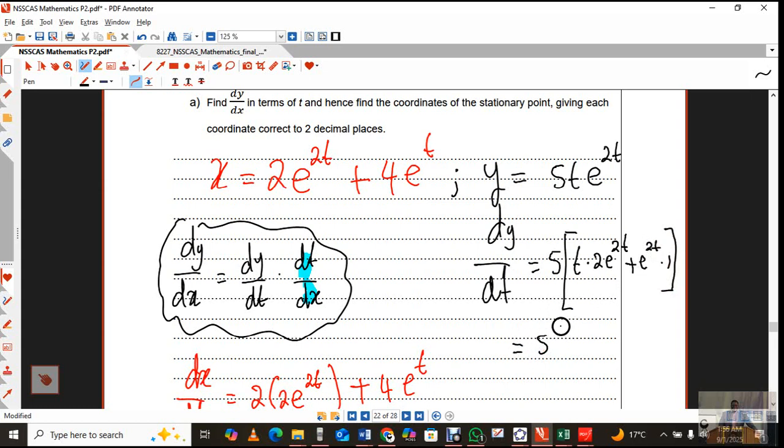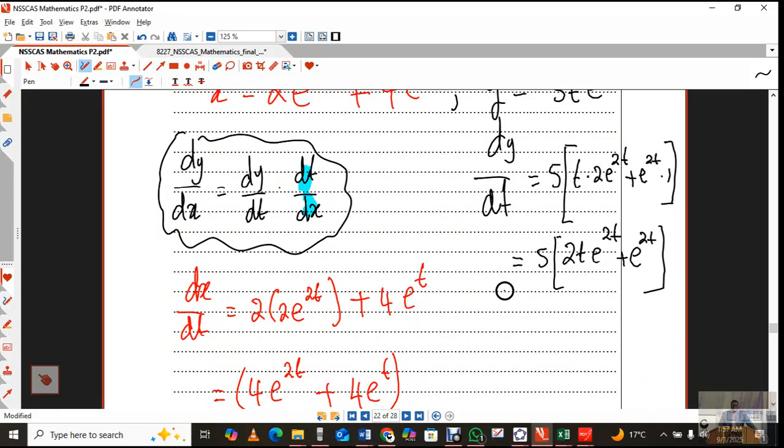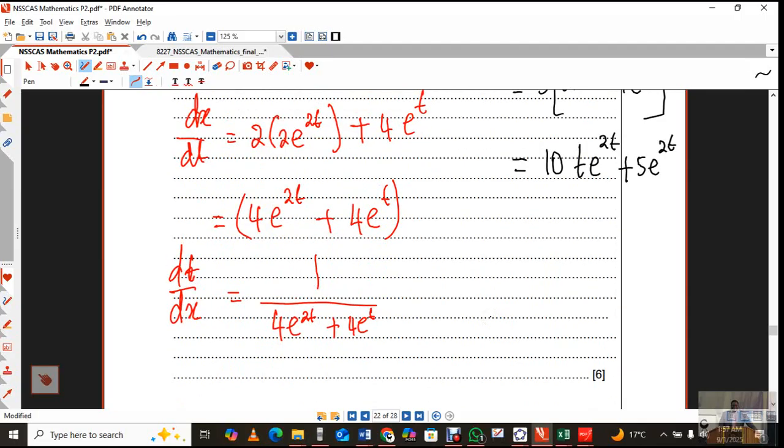That's 5 times 2t e to the 2t plus e to the 2t. Let's clean it up again by distributing that 5. So dy/dt is 10t e to the 2t plus 5e to the 2t. That is dy/dt. So we're just going to multiply them together.